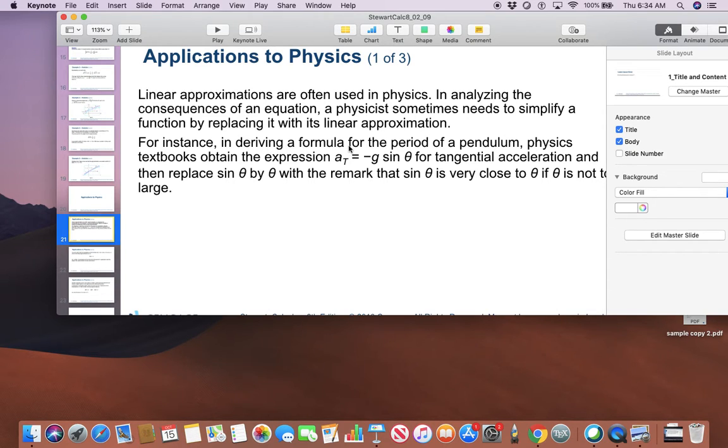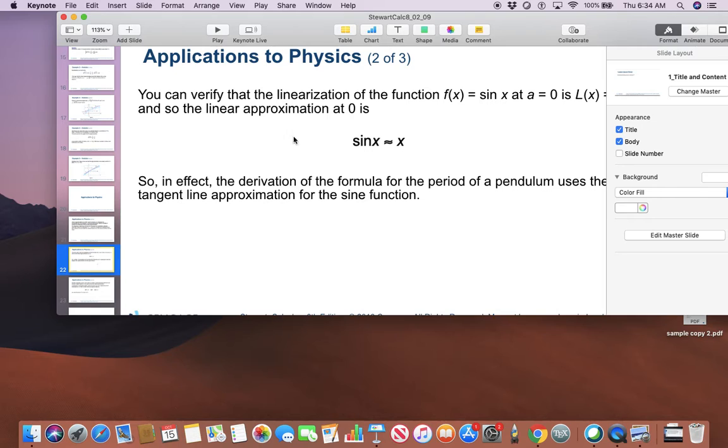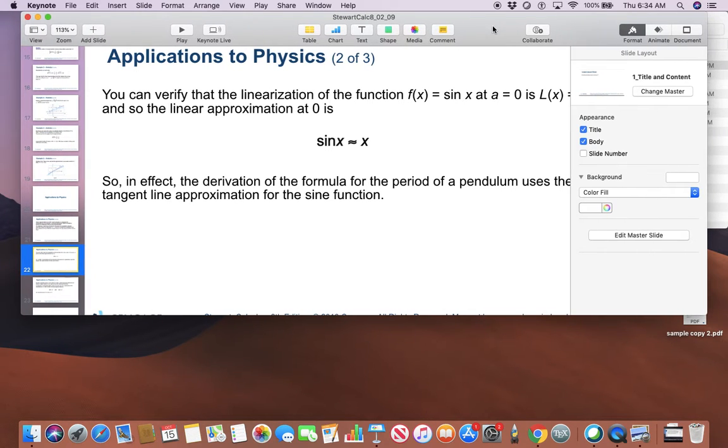For instance, in deriving a formula for the period of a pendulum, physics textbooks obtain the expression a_t equals negative g sine theta for tangential acceleration and replace sine theta by theta. Sine theta is very close to theta if theta is not too large. Sine x is very close to x if x is not very large.